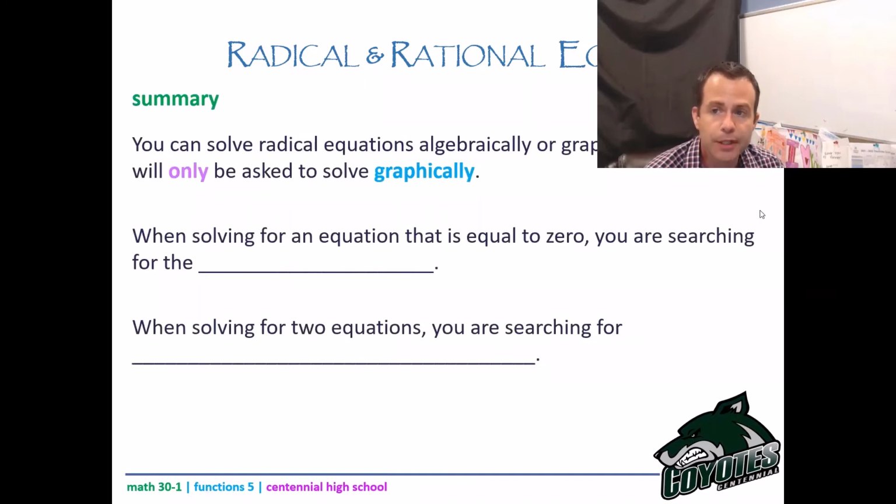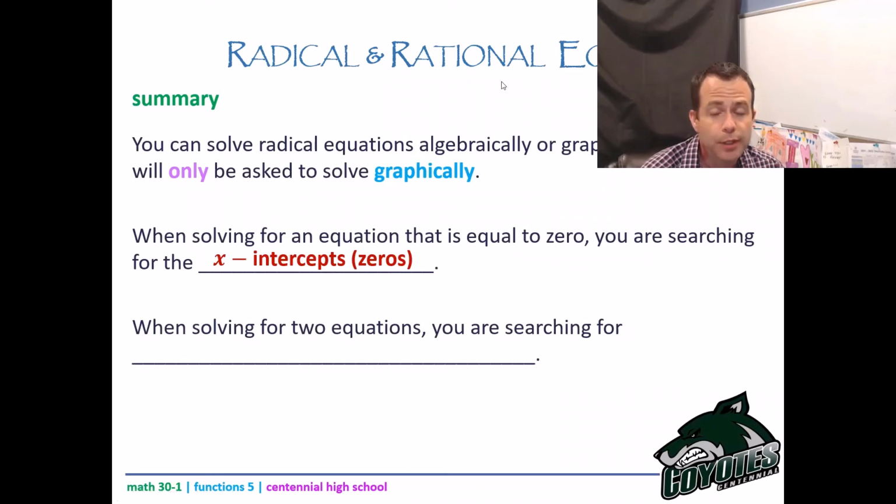So a summary of radical solving. That's radical solving, man. Sorry, I couldn't resist. You can solve radical equations algebraically or graphically, but you're only going to be asked in 30-1 to do so graphically. When solving for an equation that is equal to 0, you're searching for the x-intercepts or the zeros or the roots.